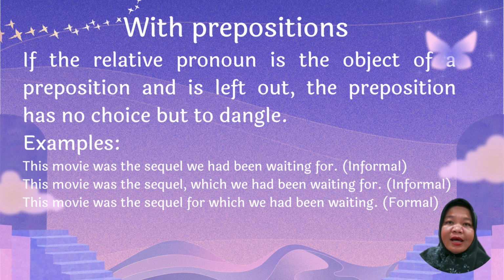Note that the preposition is part of the dependent clause. Here are the examples. The movie was the sequel we had been waiting for is informal. The movie was the sequel which we had been waiting for is also an informal example. And the movie was the sequel for which we had been waiting is a formal example.